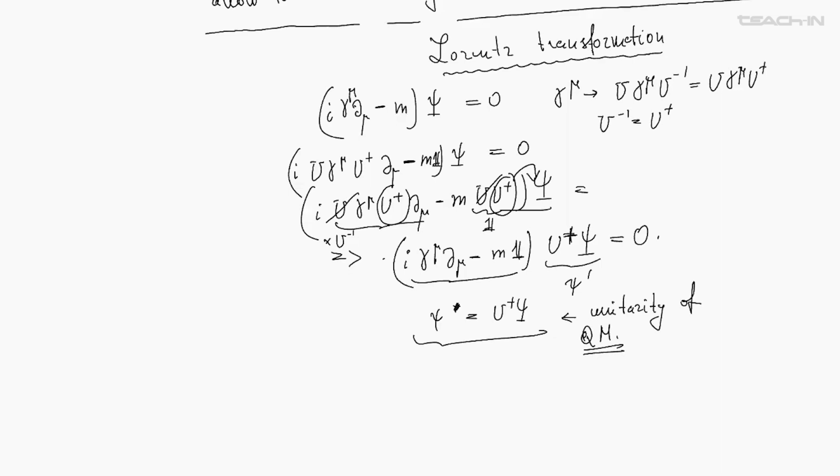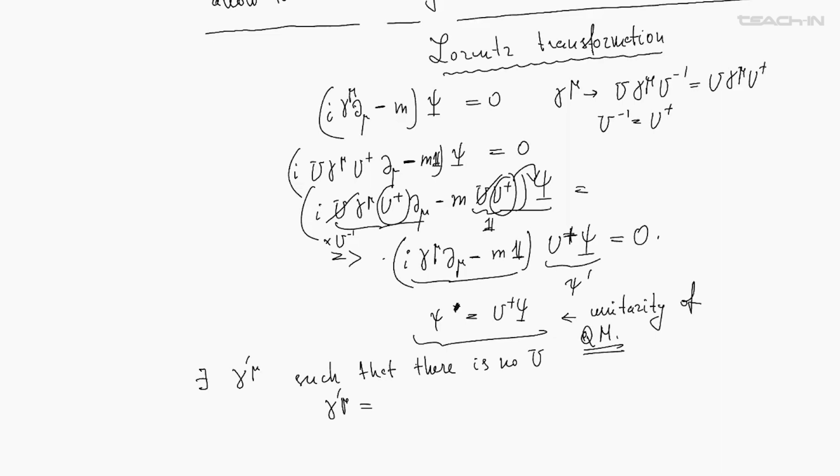In other words, if there exists another representation of the Clifford algebra, let's call it gamma mu prime, such that there is no unitary matrix U, for which gamma mu prime would be U gamma mu U minus 1.